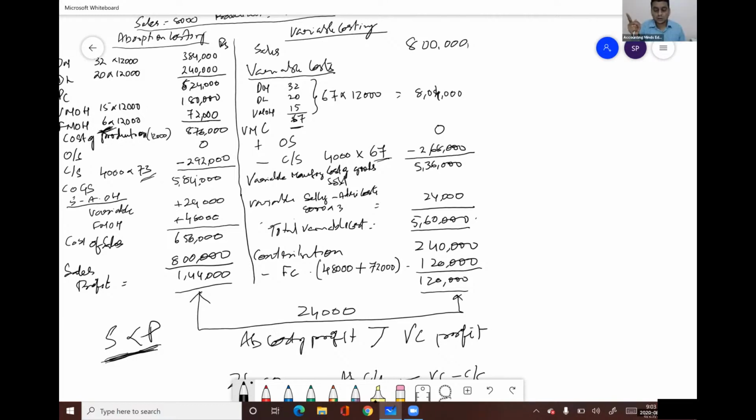Nitya? Urmila? So because of that 6 rupees, what is the 6 rupees? Fixed manufacturing overhead rate. This fixed manufacturing overhead rate is what is causing the difference in the profits.